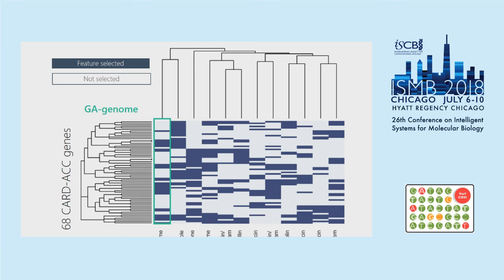So we wanted to know whether the features selected by our GA genome correspond to known drug mechanisms. In this figure, the green rectangle denotes one GA genome for a particular drug. In the rectangle, the dark blue ones mean that that gene is selected for prediction.